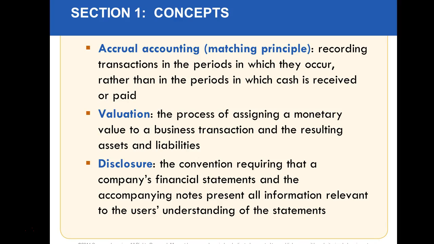In the previous chapter, we talked about LIFO, last in, first out for inventory, FIFO, first in, first out, or the average method. We have to disclose in our financial statements how we value various business transactions. We'll also need to talk about how we account for those receivables that we don't think we're going to be collecting.